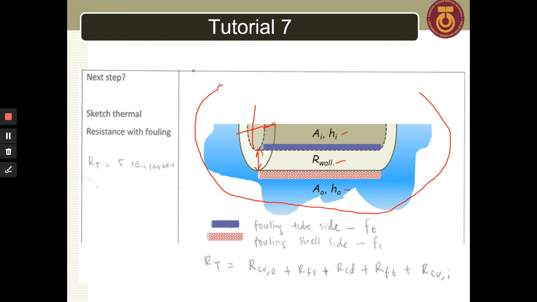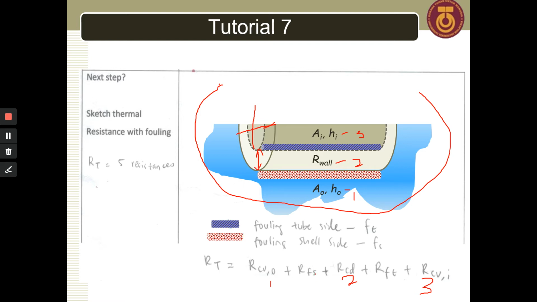So without fouling, this is 1, this is 2, the R wall, which is R conduction, and this is 3, which is resistance due to convection inside the tube.